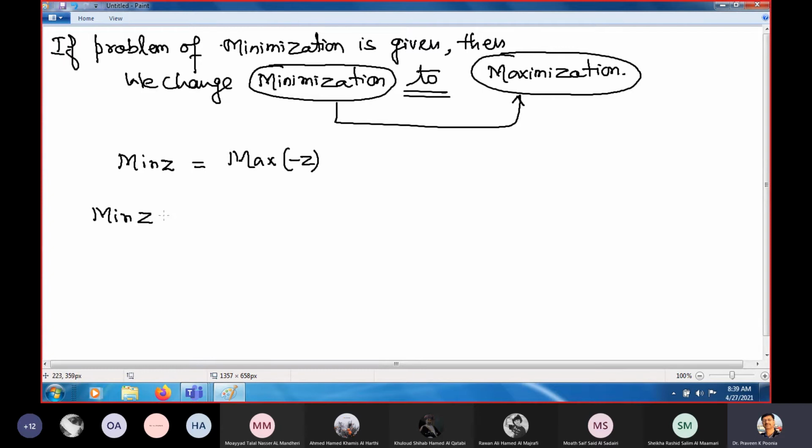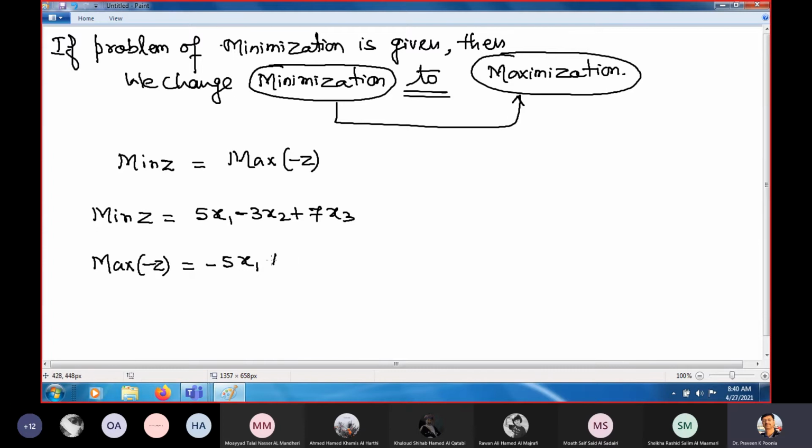Let us say minimization Z is equal to 5x1 minus 3x2 plus 7x3. If this is the problem of minimization, what will we do? We will multiply by negative. We will change this into maximization of minus Z. So it will be minus 5x1.